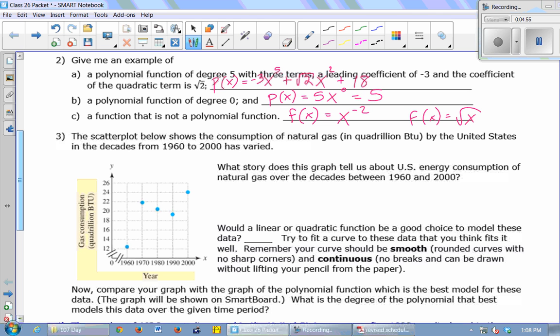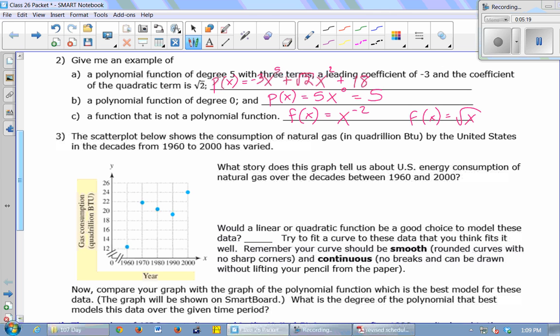All right, this scatter plot shows the consumption of natural gas in quadrillion BTUs. So I guess I don't even have any sense of how big that unit is. So I guess we're just trying to get an idea of the ups and downs here, so the units don't matter that much.